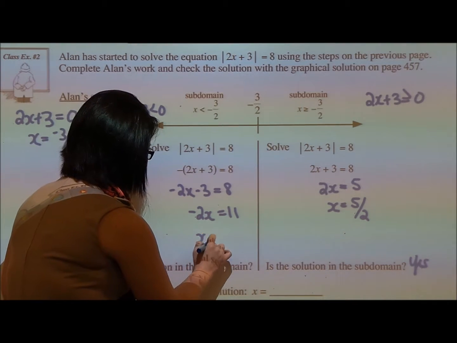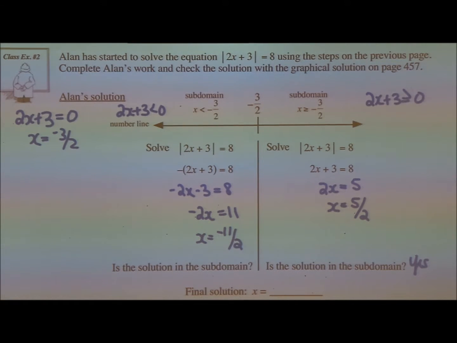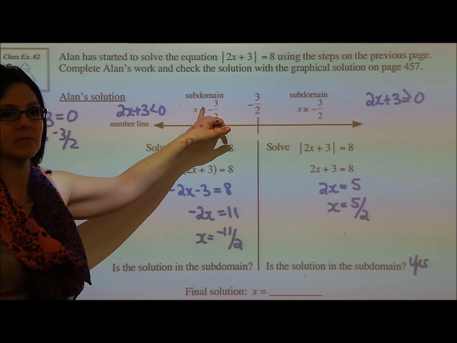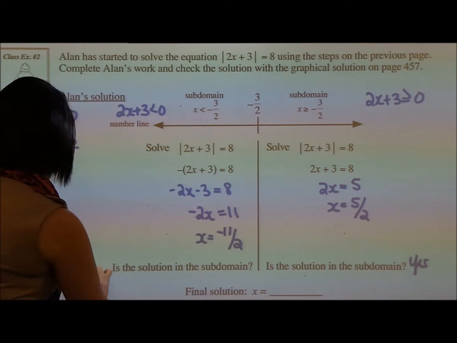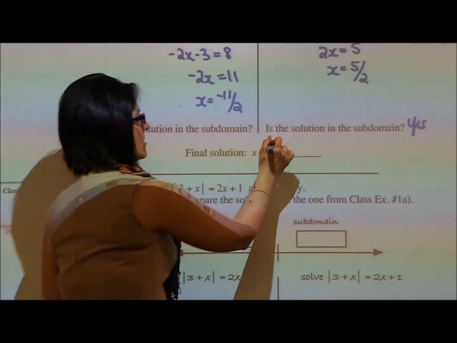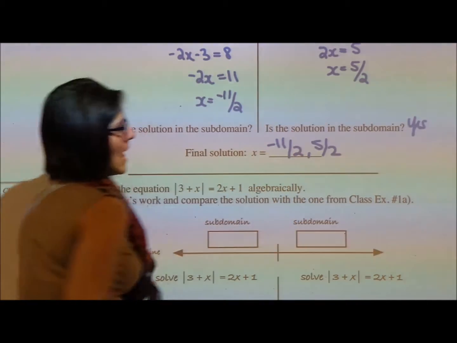And then I divide by negative 2. And I get negative 11 halves. And then I go back and I check. Is negative 11 halves in the subdomain? Is it less than negative 3 halves? Yes. So then my solution would be both values. Negative 11 halves and 5 halves.